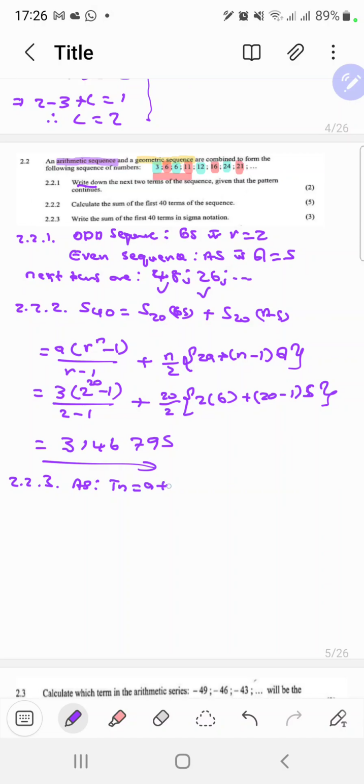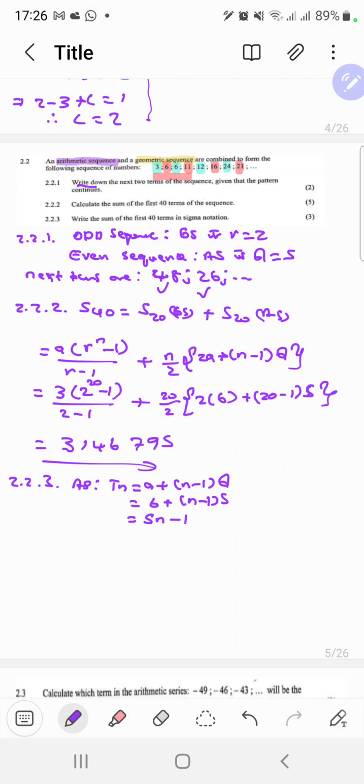Tn is going to be A plus n minus 1 times D. A there for the arithmetic was 6, plus n minus 1 times 5. When you solve this further, we're getting 6 minus 5, which is 1. So it's 5n minus 1.